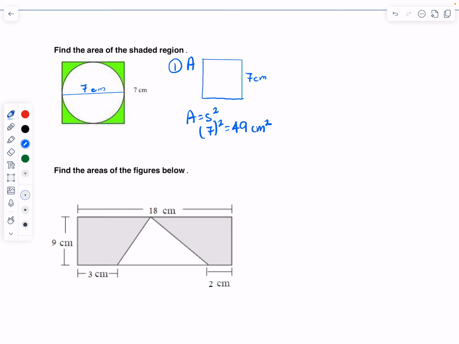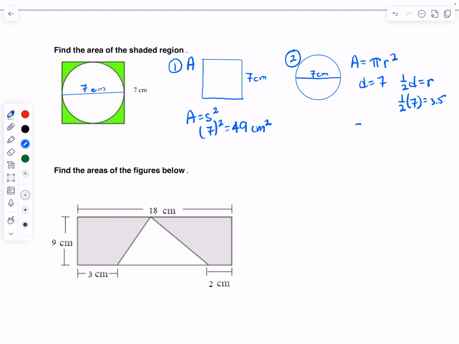Okay, the second step is I'm going to find the area of a circle. And the reason why I'm doing this is because I'm planning on subtracting the area of the square minus the area of the circle. Okay, so to find the area of a circle, I'm going to do pi r squared. I have the diameter, it's 7. So half the diameter equals the radius, so 1/2 of 7 equals 3.5.